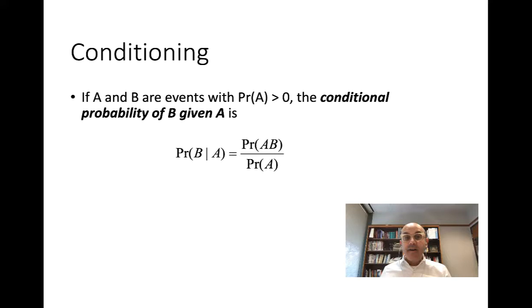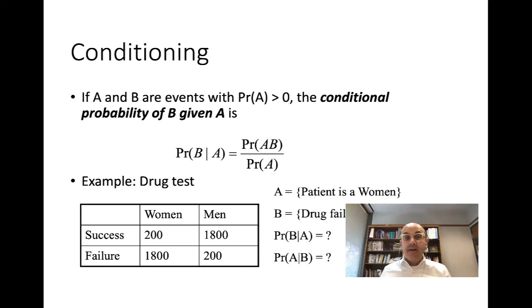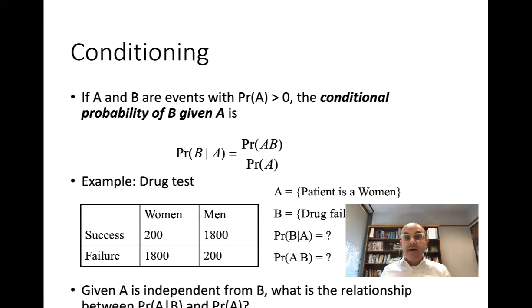So the formula for that is P(B given A) equals P(A and B) divided by P(A). For example, in this case, the patient is a woman, B is drug false, and this is what will happen.